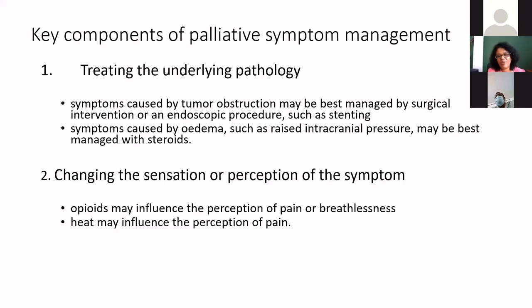But we give a small amount of morphine in patients who have breathlessness because it will reduce the awareness of breathing. Breathlessness is when you feel breathless, you have difficulty in breathing. So opioids will reduce the awareness of breathing, and then the patient does not feel breathless. That is how we change the sensation or perception.